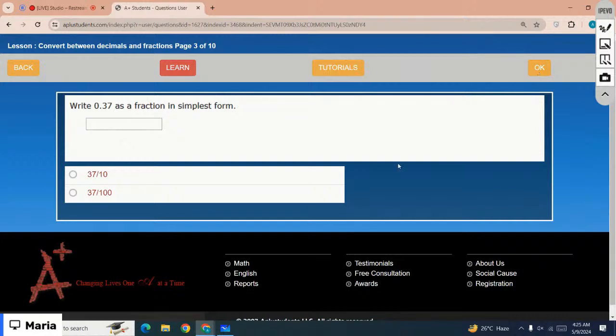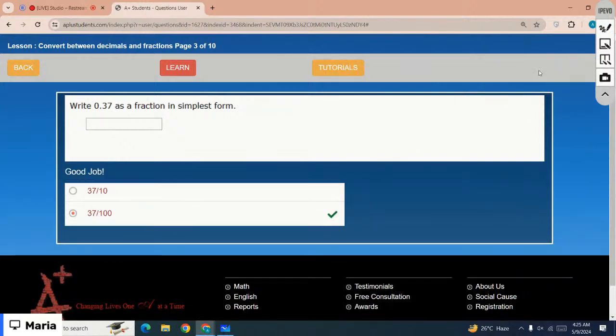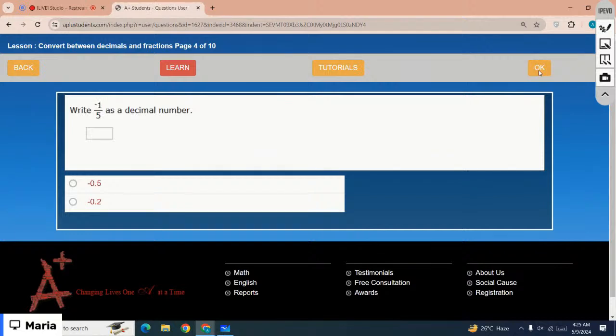That is 37 over 100. Option 2 is the correct option. Write negative 1 over 5 as a decimal number.